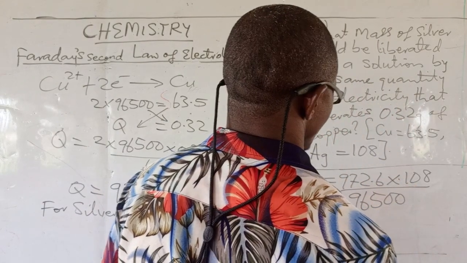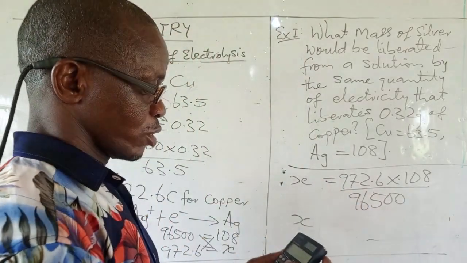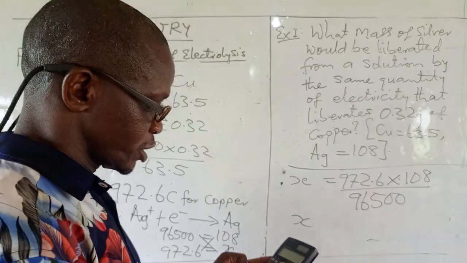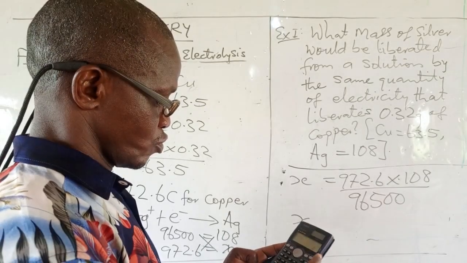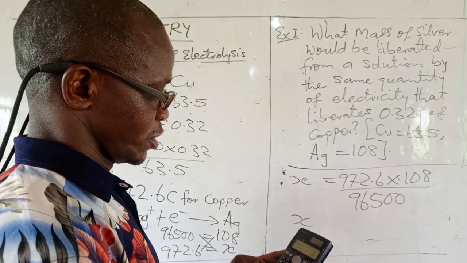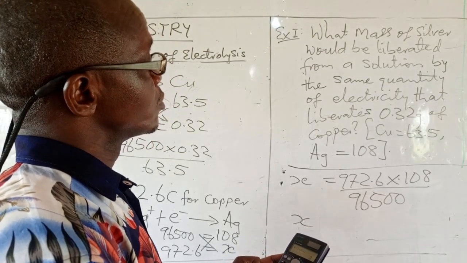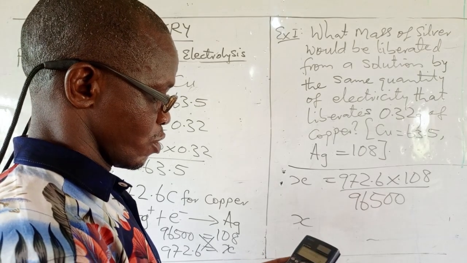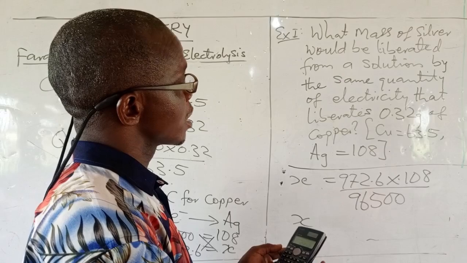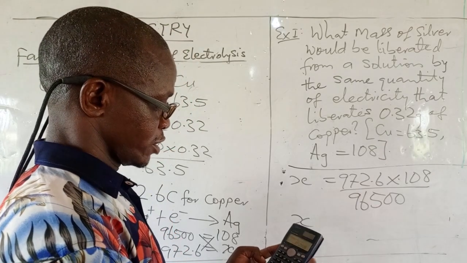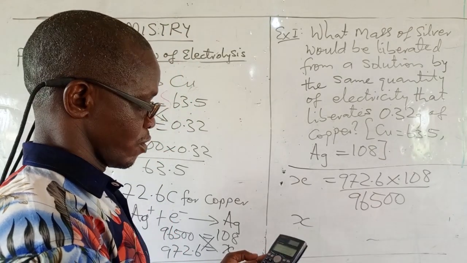And your X will be equal to, let's do it, 972.6 times 108 divided by 96500.